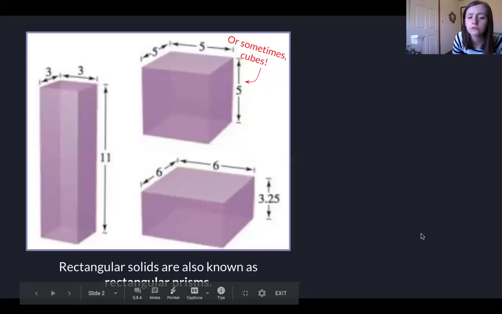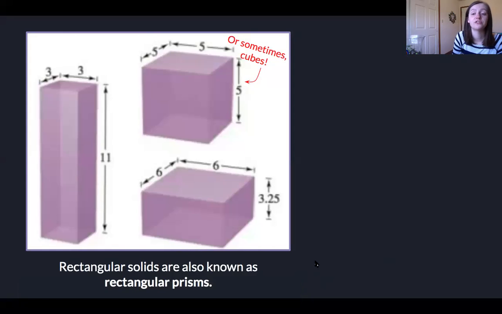To get us started, I'm going to talk about what a rectangular solid even is, because you might be thinking right now, Ms. Reniker, I haven't really heard the phrase rectangular solid, but I can bet you that you've heard rectangular prism.